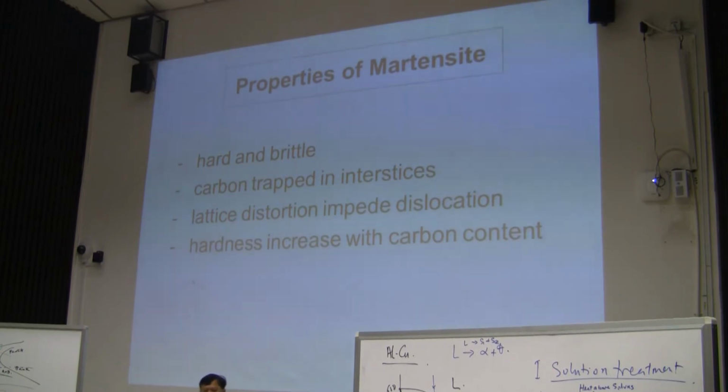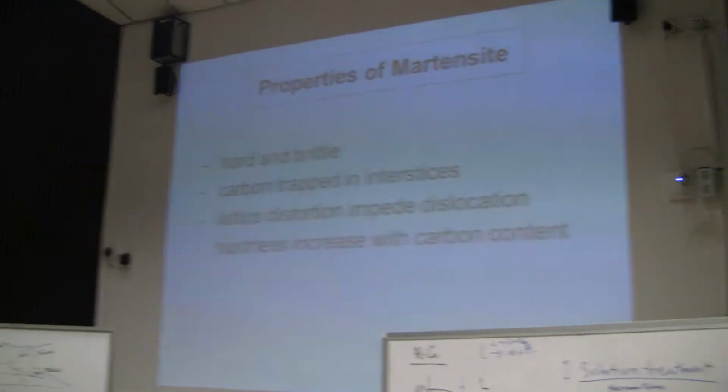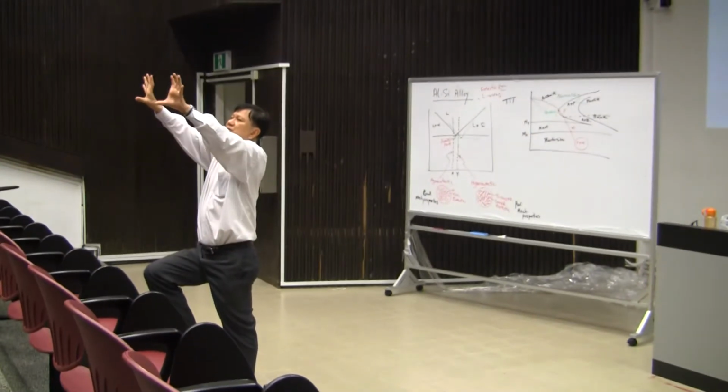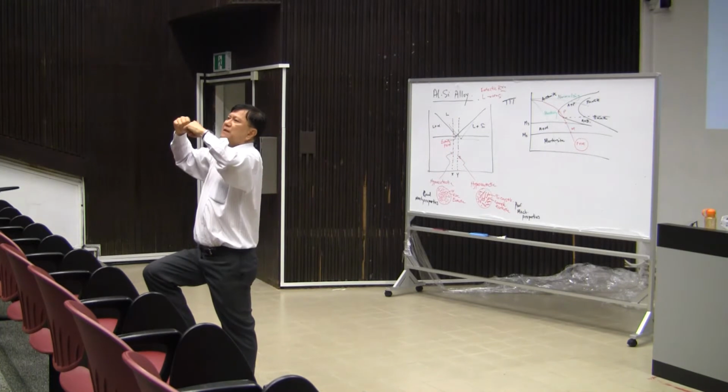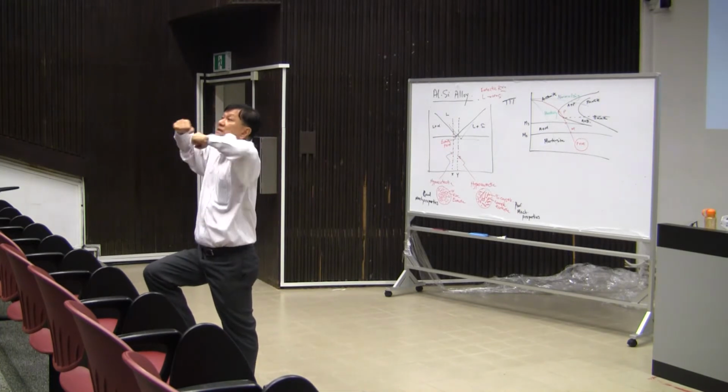So martensite, very brittle. Very hard, very strong, and brittle. Are you clear or not? Now, do you know that if I got a crystal like this, have I explained this to you in solid solution strengthening? If my crystal is perfect, then my atoms can slide very easily.